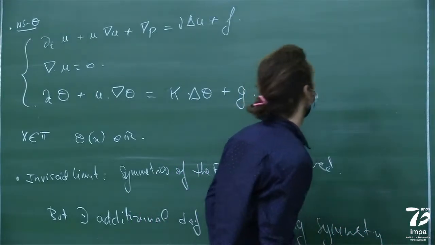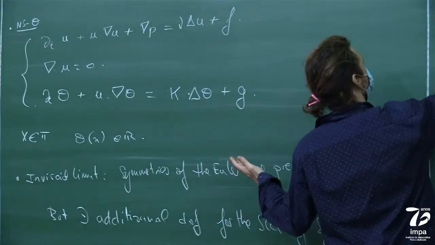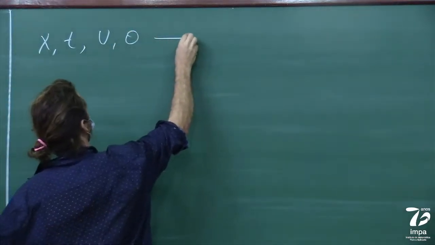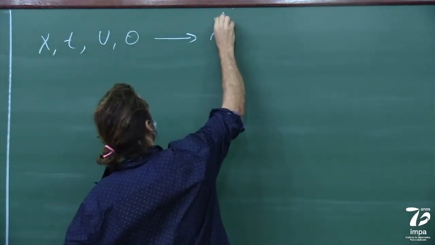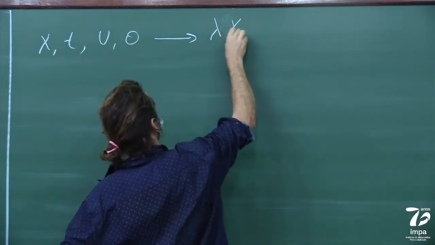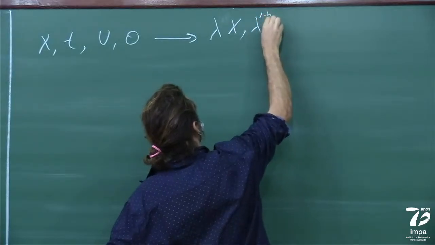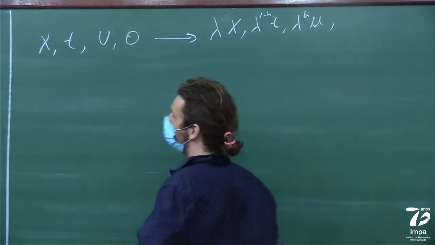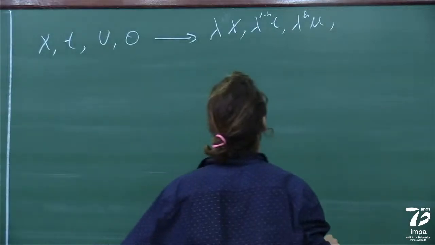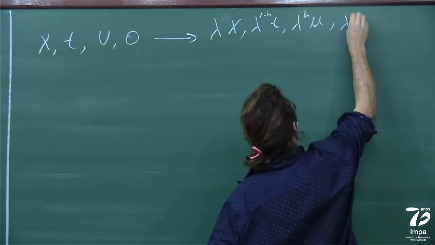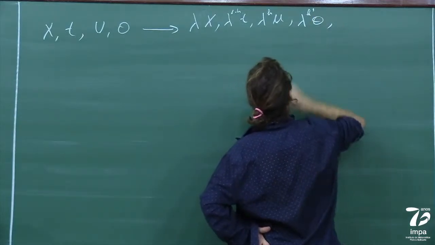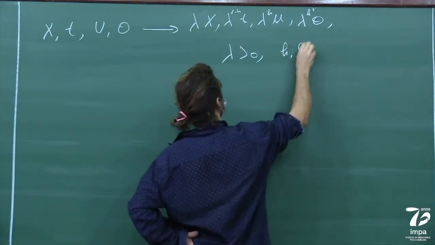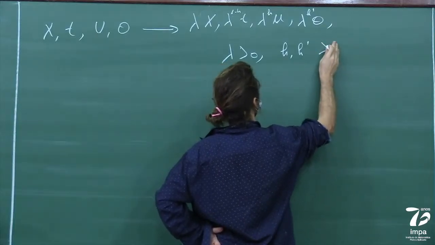Essentially, this degree of freedom is just you change x, t, u, and theta by a factor: lambda to x, lambda to the power 1 minus h t, lambda to the h u. But theta, you can change the way you want. Let's put it lambda to the h prime theta, where here lambda is a positive number, and h and h prime are also real.